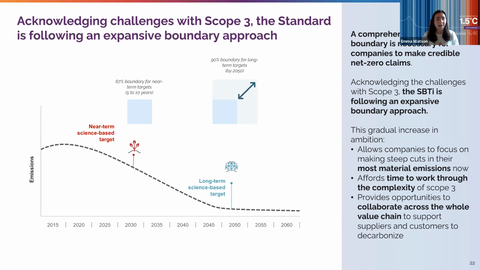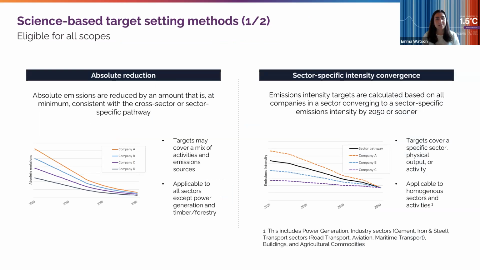Great. And so diving a bit more into the science-based targets methods that we have available. These two methods are available for all scopes. The first is the absolute reduction method. Now, if you've been familiar with science-based targets before, this is what we had previously been calling absolute contraction approach.